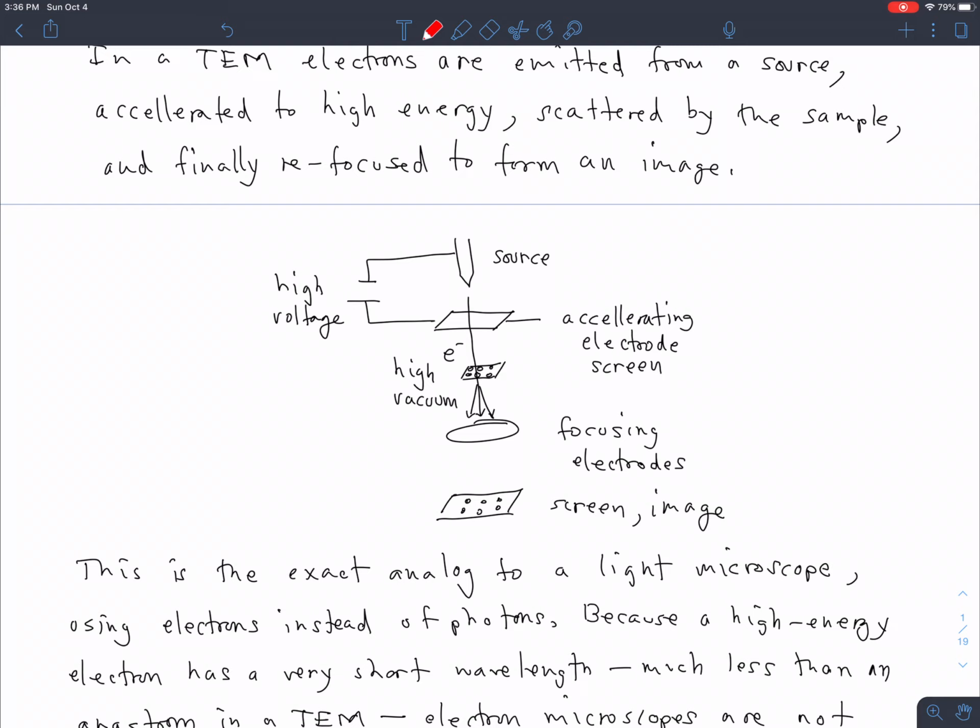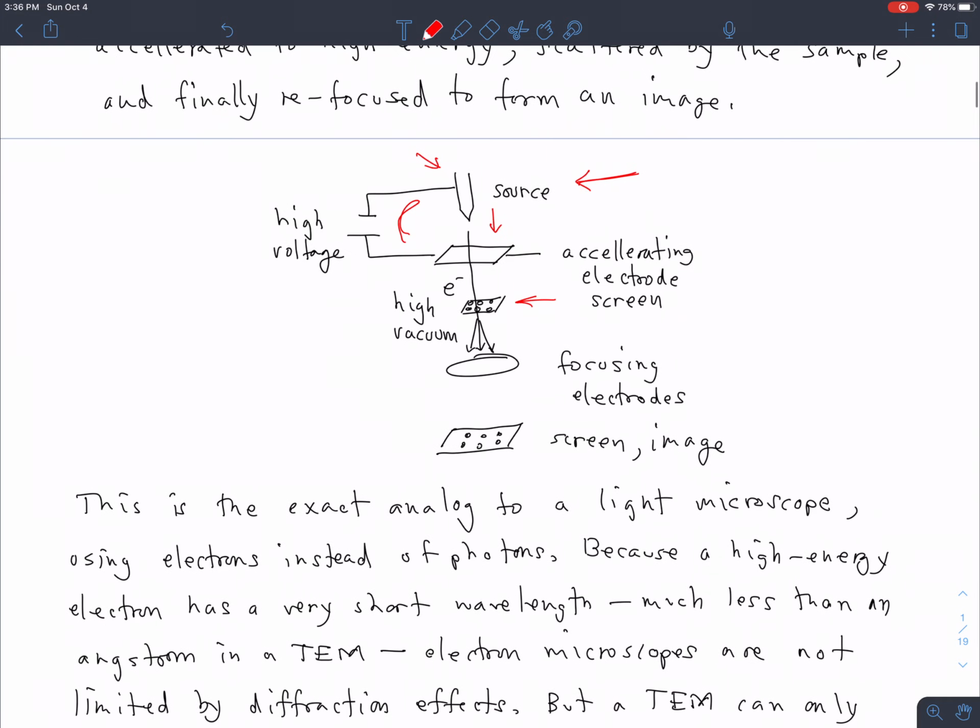So there's a source for the electrons. That's basically a sharp pointed tip with a high voltage, something like 10,000 volts applied to that tip. That voltage actually sucks electrons out of the metal tip and accelerates them towards the sample.